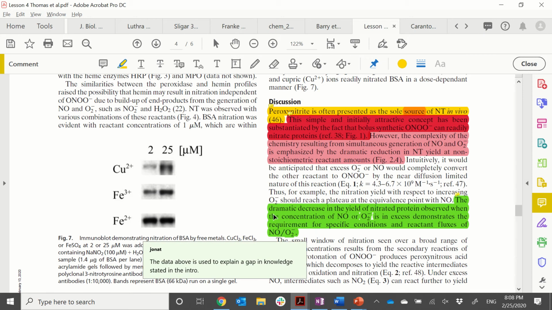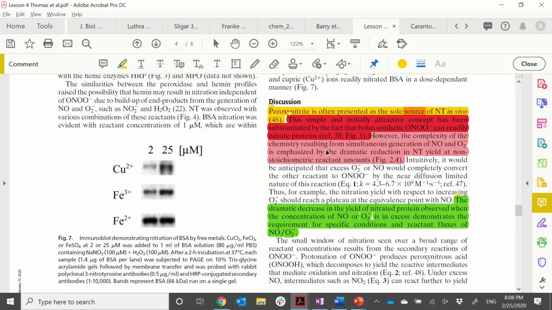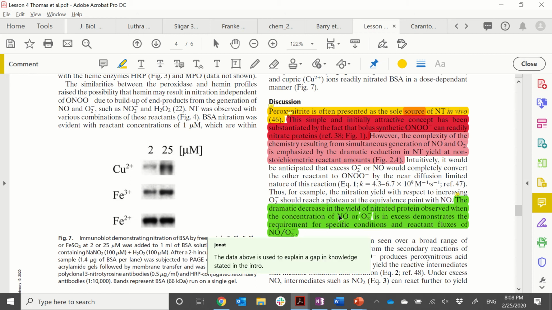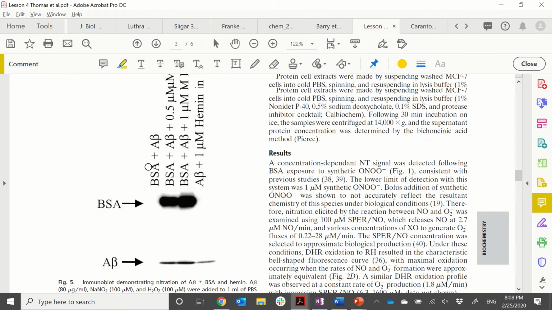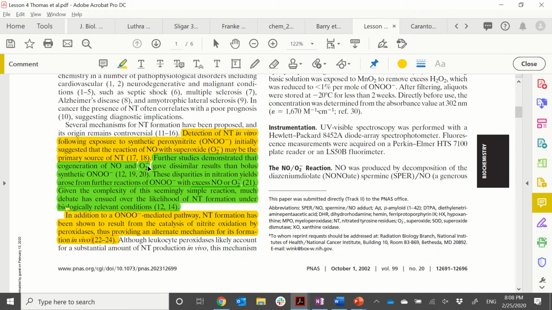Okay, so this data is discussed in Figure 2a, and this statement is made, which echoes a sentence that was also made in the introduction and color-coded in green as well, where these two sentences discuss the complexity or disparities in different results within the literature, particularly those where peroxynitrite is either made with nitric oxide and superoxide or reacted in the presence of nitric oxide or superoxide, and discussing the complexities of these reactions.